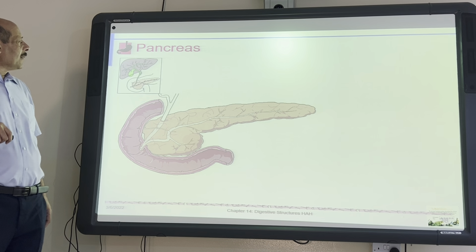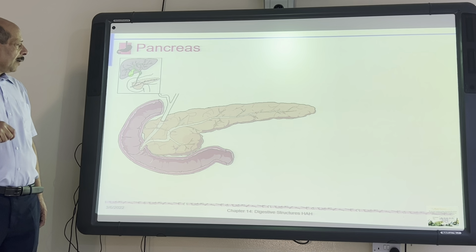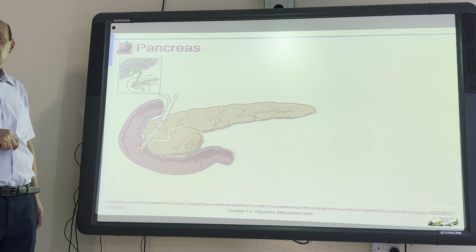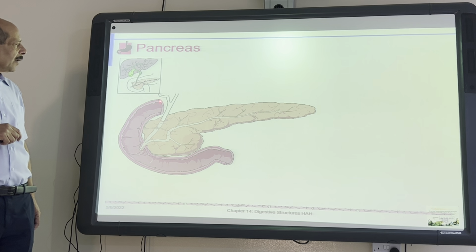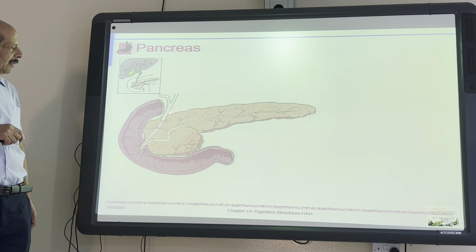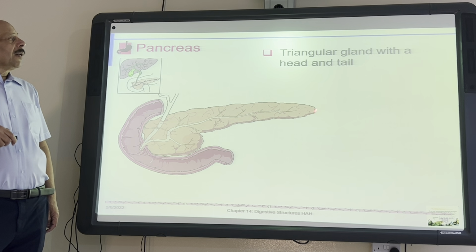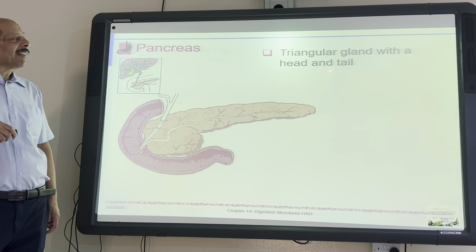The pancreas. So here is the pancreas, and here, what is this? This is the duodenum, yes. And this canal is coming from the gallbladder. And here is the canal of the pancreatic duct, and this is the ampulla of it. So it is a triangular gland with a head and tail.